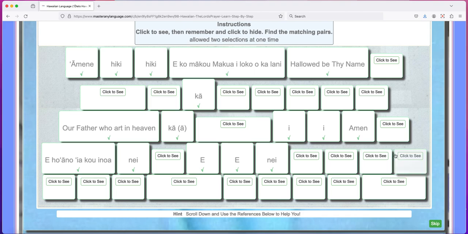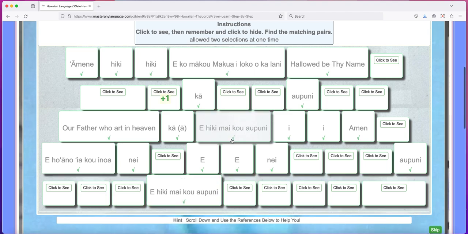Ko. Aupuni was up here. Oh yeah, aupuni. Ho'ano. The Lord's Prayer is e hiki mai ko aupuni. The Lord's Prayer, kapule a ka haku. Was that the Lord's? I guess it is. That's the only other one.